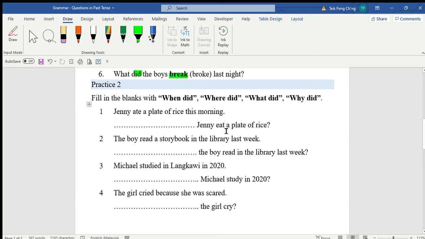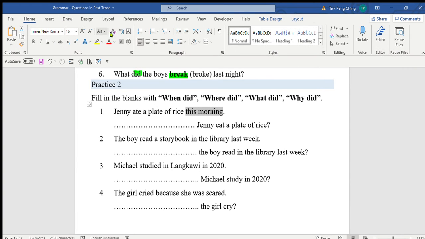Jenny ate a plate of rice. What is missing here? This morning. So this morning is about time, right? So when you want to ask about time, we have to use when did. When did Jenny eat a plate of rice?